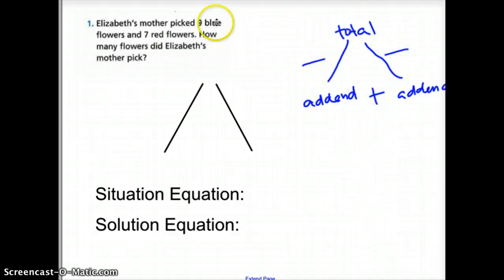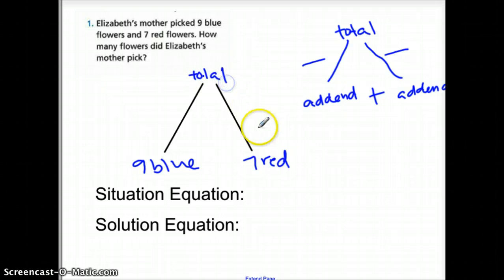Okay. Elizabeth's mother picked 9 blue flowers and 7 red flowers. How many flowers did Elizabeth's mother pick? First, we need to decide if this is a put together or break apart problem. And this is a put together because she had 9 blue flowers and 7 red flowers, and the total is unknown. Just want to know how many flowers did Elizabeth's mother pick.